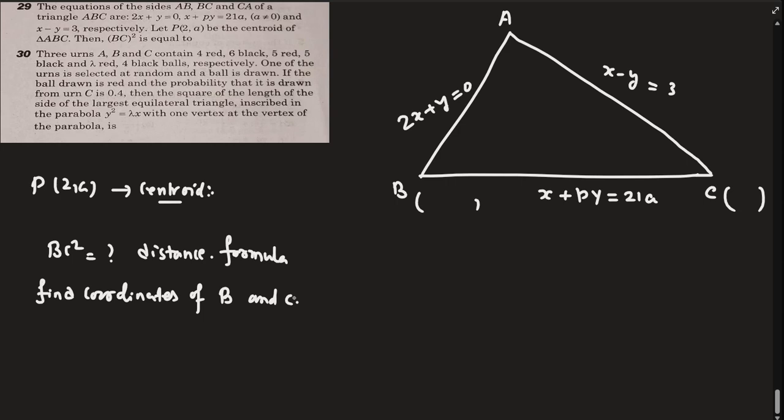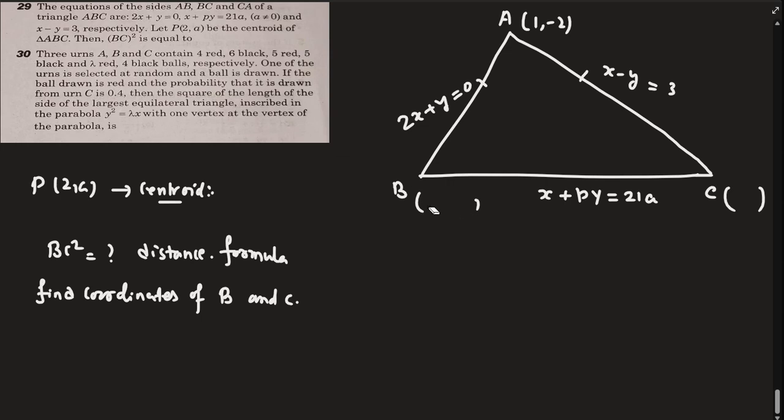So first of all, if you solve these two sides, you get this coordinate, and this coordinate is (1, minus 2). Okay, now suppose this coordinate satisfies this line, and x is alpha. You can take beta also, no problem.